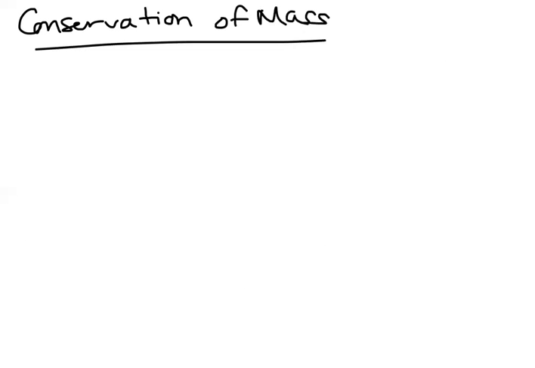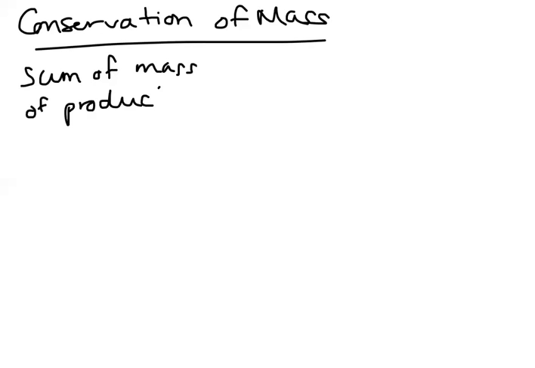In special circumstances, when you get down to the quantum level and when you're talking about nuclear stuff, you can have mass converted to energy, et cetera. But in this case, we just have conservation of mass, which means that the sum of the mass of the products will equal the sum of the mass of the reactants.